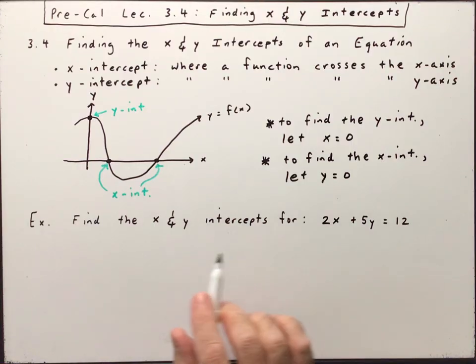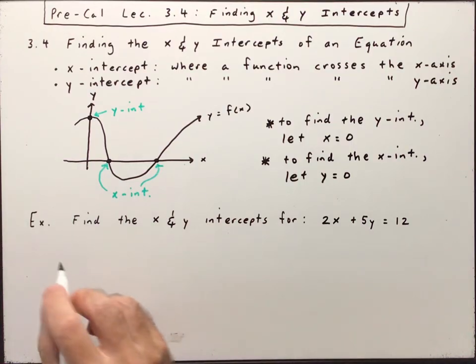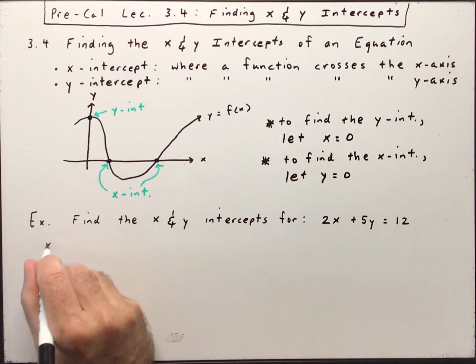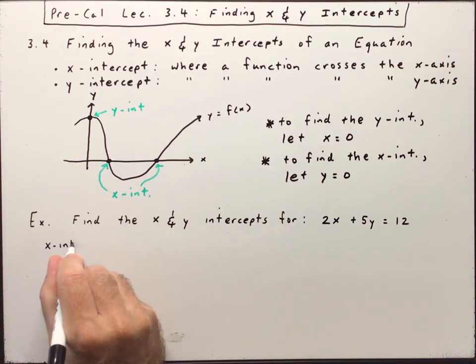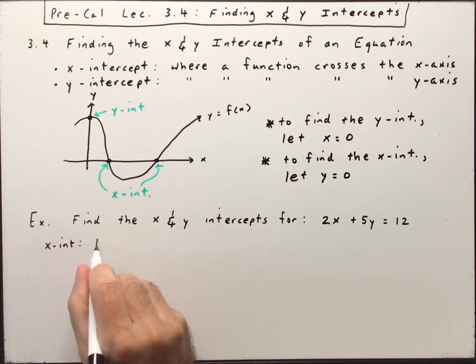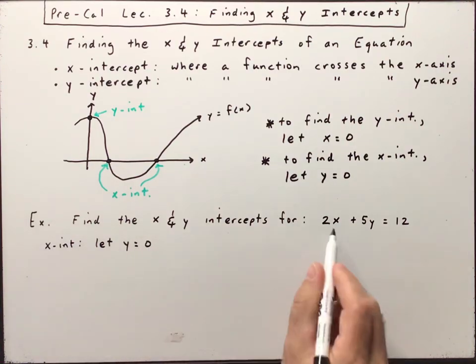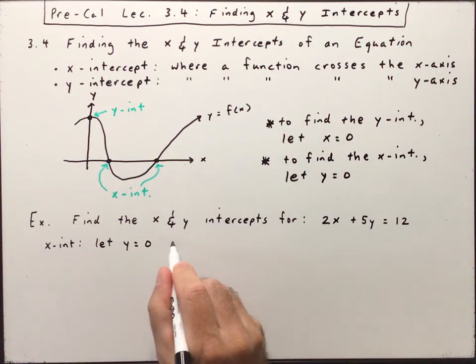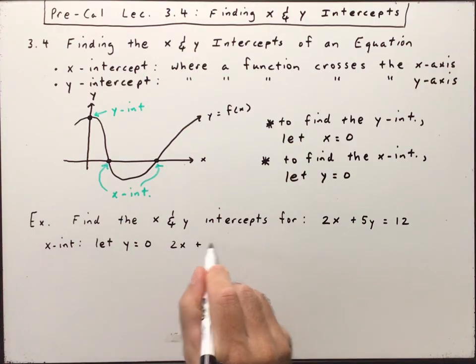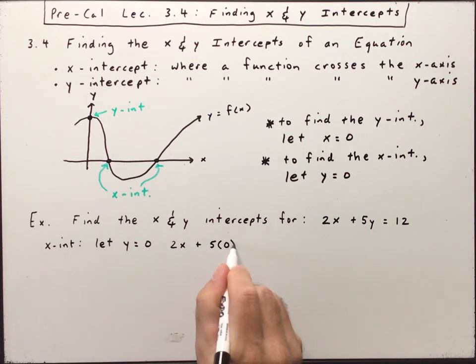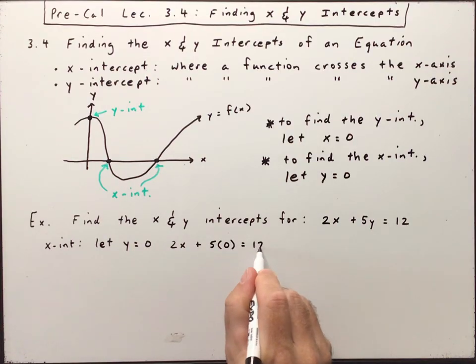Okay, so let's find the x-intercept. We're going to let y equal 0. So for this function, we would have 2x plus 5 times 0 is equal to 12.